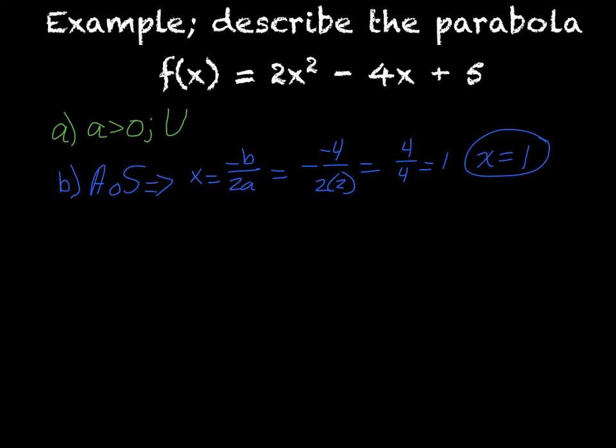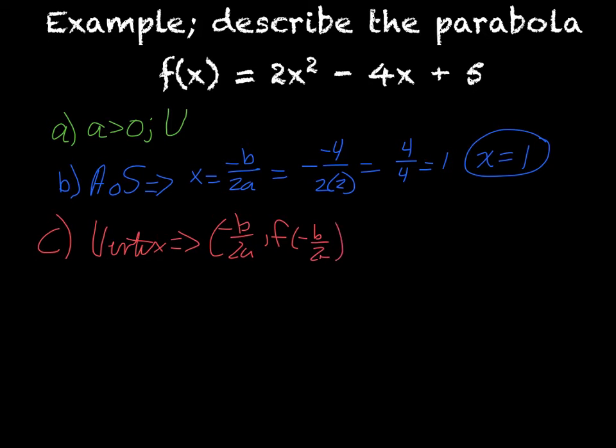And the next thing that we're going to look at is part C here. We're going to actually find our vertex. So I know that my vertex is going to be negative b over 2a, and then f of negative b over 2a. So I already know my negative b over 2a, so that's 1.